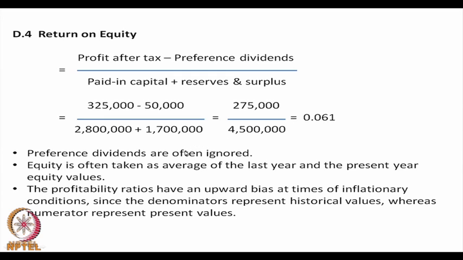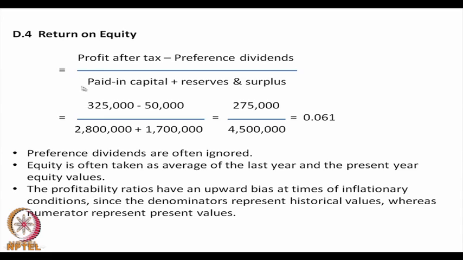Sometimes preference dividends are often ignored. This amount is not subtracted, it is just profit after tax divided by this. Equity is often taken as the average of the last year and the present year equity values, just as inventory calculation was made. And profitability ratios have an upward bias at times of inflationary conditions, since the denominators represent historical values, whereas the numerator represents present values.